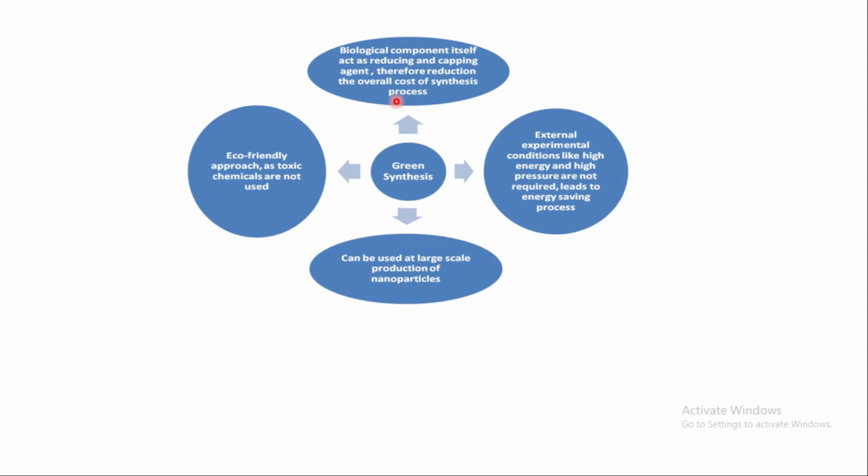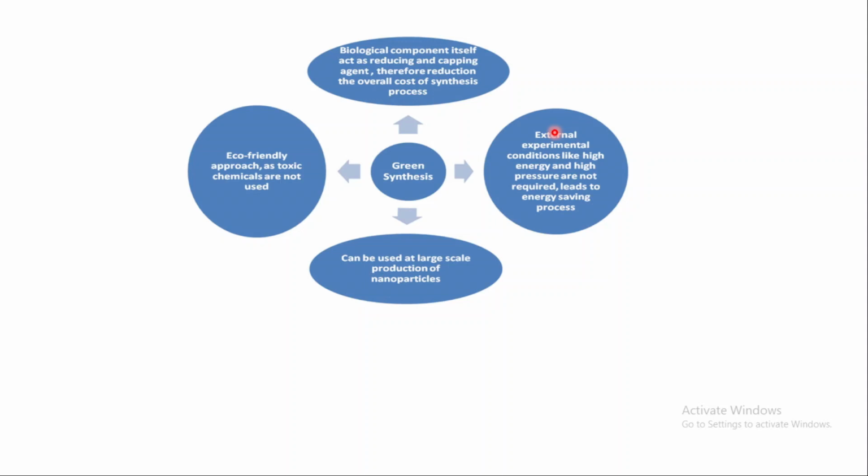So this last statement, option C, was cost effective. So cost is reduced because reducing agent, capping agent, everything is biologically available. External experimental conditions like high energy, high pressure are not required. It leads to an energy saving process because unlike physical vapor deposition or high energy ball milling, where we require heat, thermal energy, and everything.